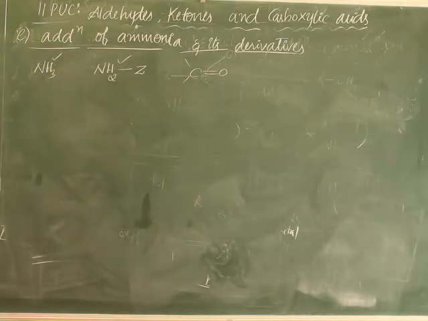Okay, first this carbonyl compound on reaction with ammonia or its derivatives results in the formation of an intermediate, which on dehydration results in the formation of a product. Let us see how this reaction takes place.